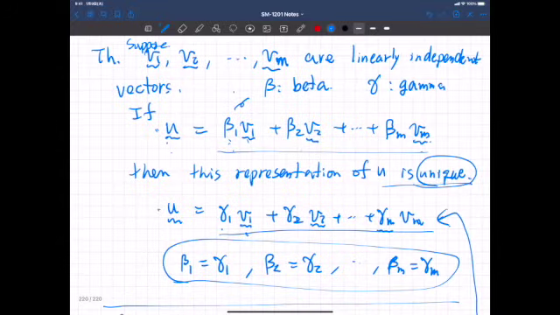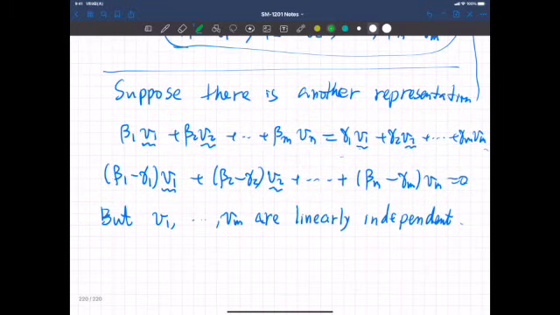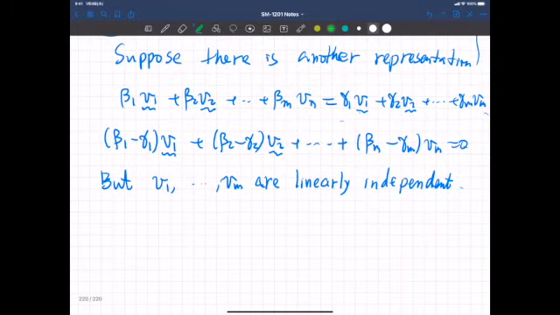These vectors are linearly independent. But by the definition of linear independence, all these coefficients must be equal to 0, right?